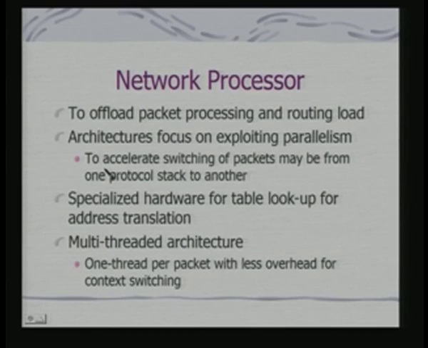The architectures of these network processors, which are targeted for use in routers, focus on exploiting parallelism to accelerate switching of packets, maybe from one protocol stack to another. We have considered an example of routing packets from one Ethernet to another Ethernet network, but it can be from an Ethernet network to a token ring network.